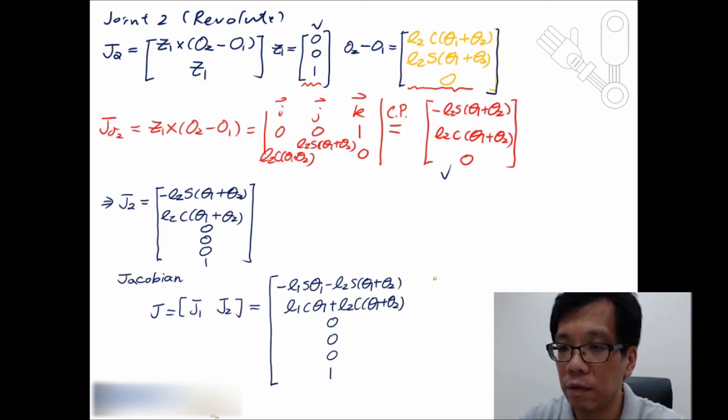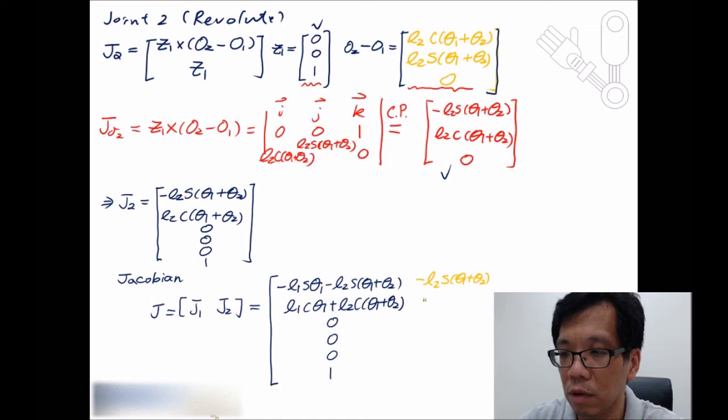We have negative L2 sine theta 1 plus theta 2, negative L2 cosine theta 1 plus theta 2, 0, 0, 0, 1.